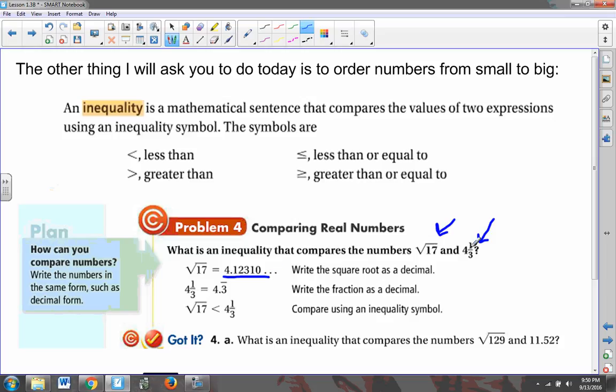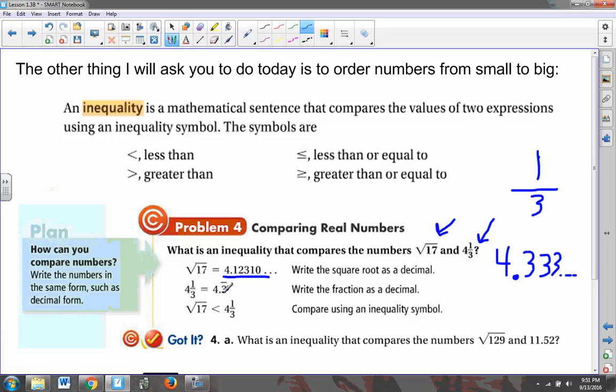And then 4 1/3, if we want that as a decimal, what we can do is just put the 4 down, and then on our calculator, treat the 1/3 like dividing. So take 1 and divide it by 3, and look at what comes after the decimal point. Okay. So 4 1/3 is going to be 4 point, 3, 3, 3, and so on forever. So now I have 4.1 and 4.3, right?